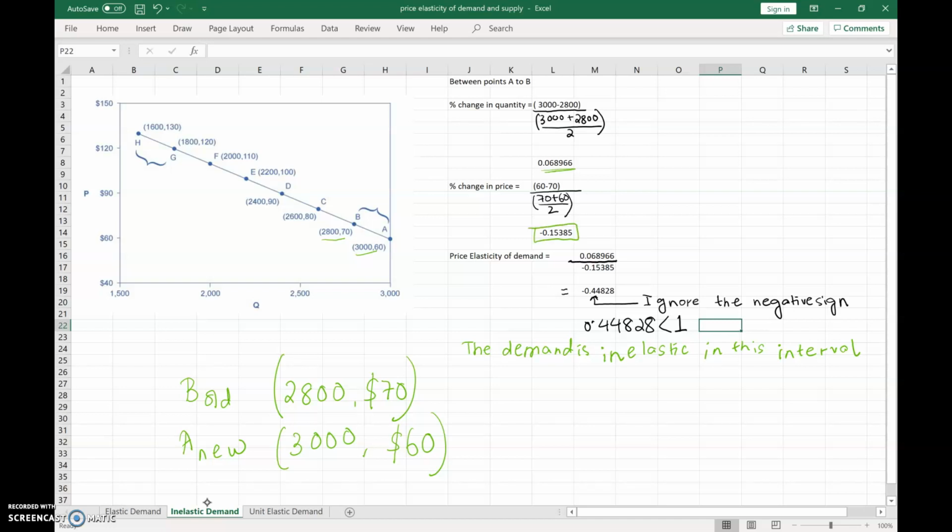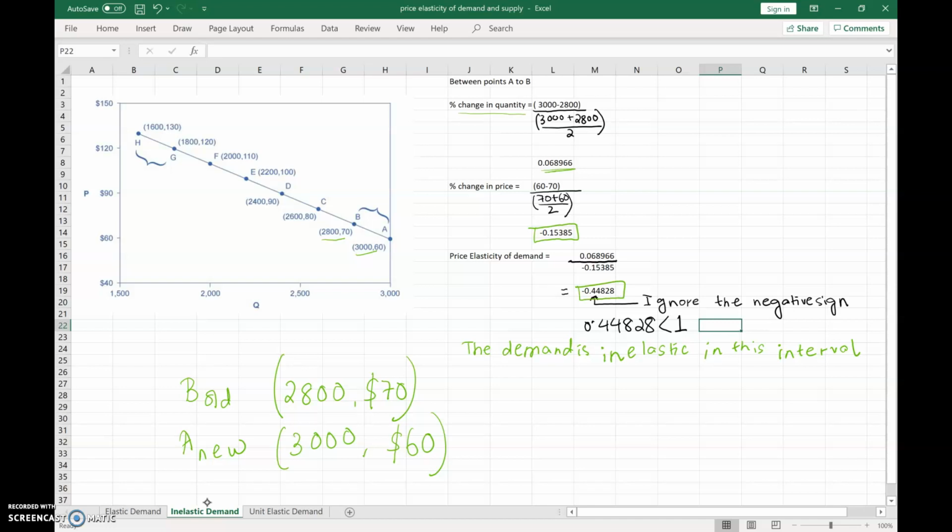I have a negative number for price because price, as you see, is going down. I have a positive number here because quantity is going up. My overall result after I divide percent change in quantity over percent change in price is this value.